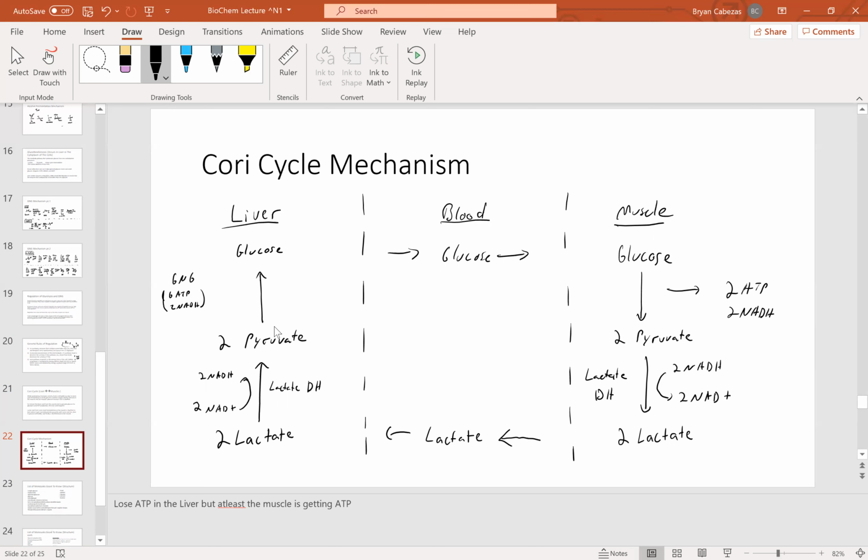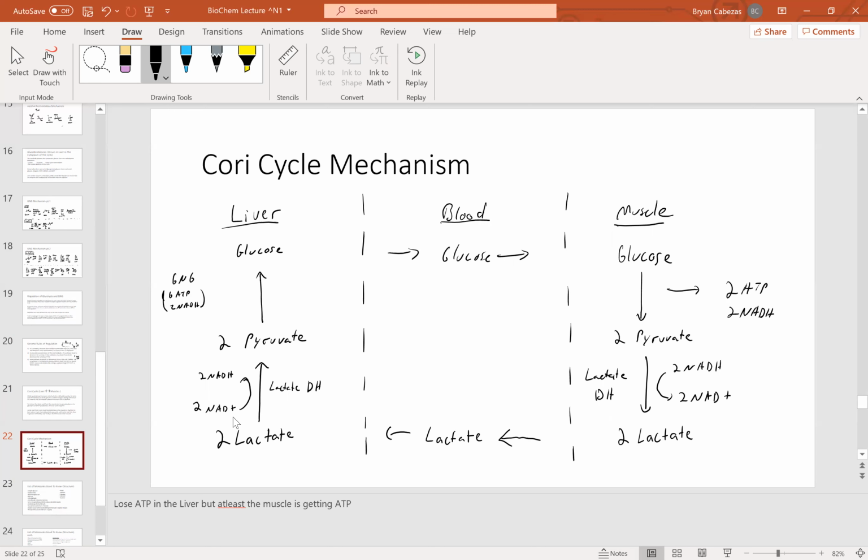and be found in your liver, right? Remember, what can happen in the liver? Well, gluconeogenesis can happen in the liver, right? So we're going to take those 2 lactate, we're going to oxidize them, right? If we took 2 NADH and turned them into 2 NAD plus to make lactate, that means the opposite is going to be true, right?